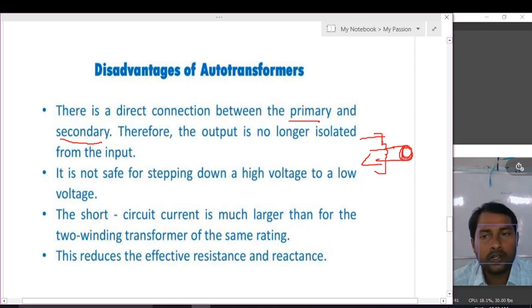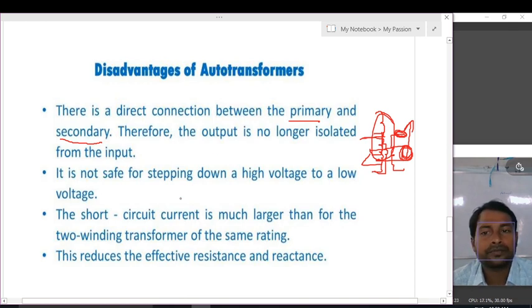It is also not safe for stepping up high voltages, because with a single winding, the cross section area of the coil is fixed, so the current passing through the winding will be more, which causes damage to the winding. And also if the one winding is damaged, the total transformer should be replaced, but in the two winding transformer, two separate windings are there. That's why if primary fails, secondary winding will be utilized. If secondary fails, primary winding will be utilized.